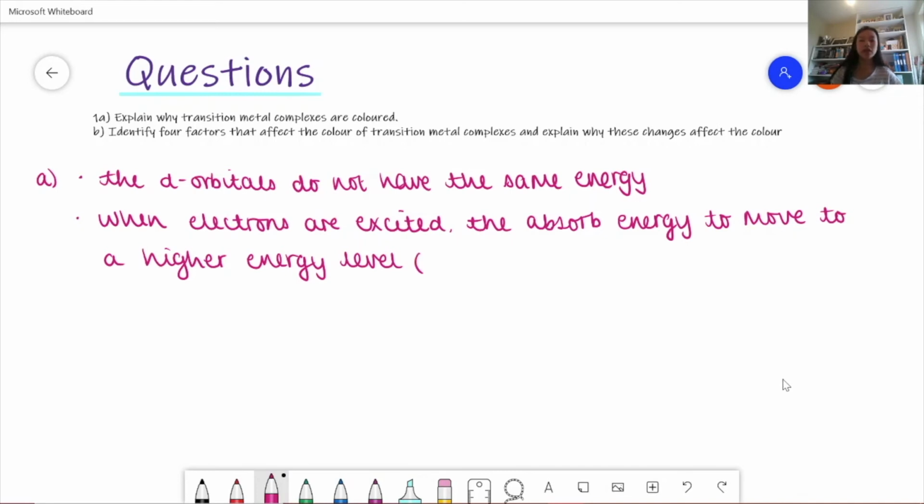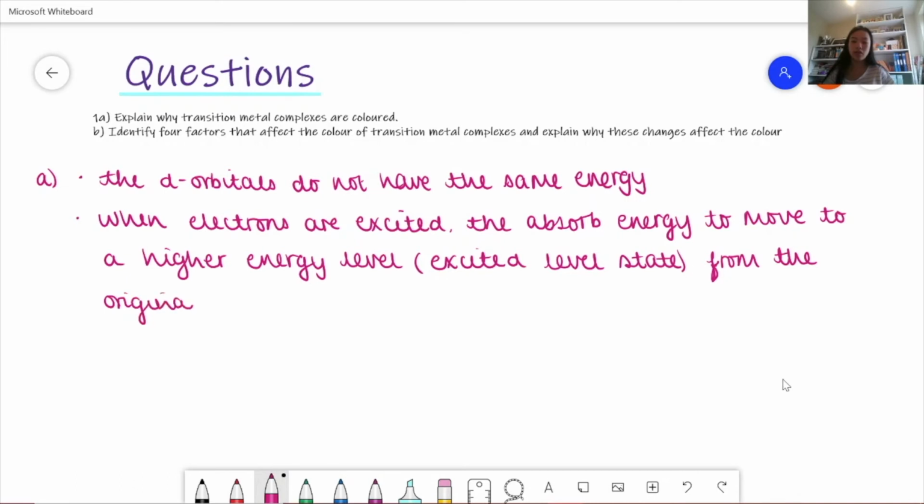And this is called the excited level state from the original level, which is the ground level state.